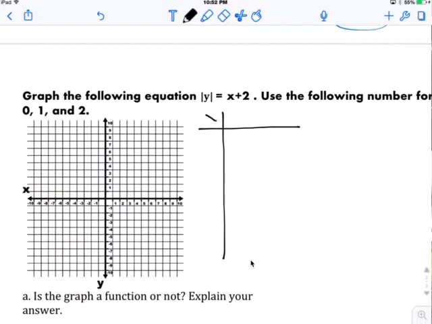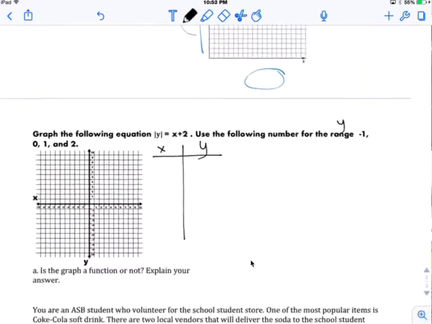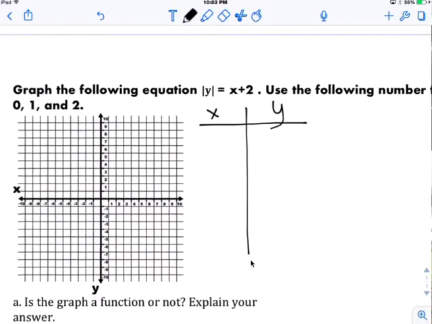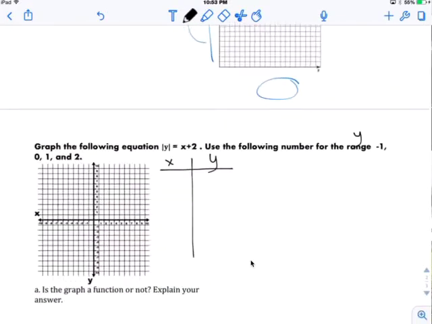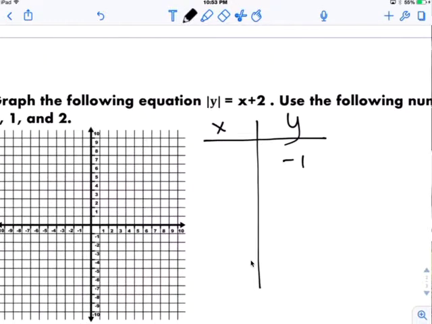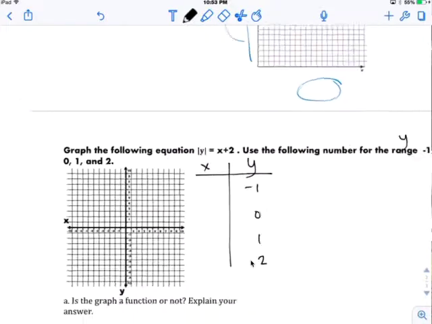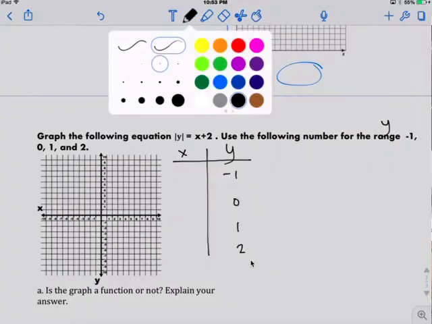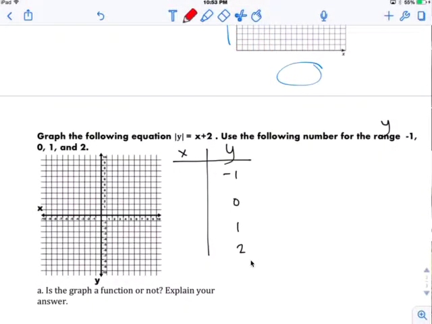Your x value and your y value. They give you your range value: -1, 0, 1, 2. Okay, and then there's the equation. We need to find x.